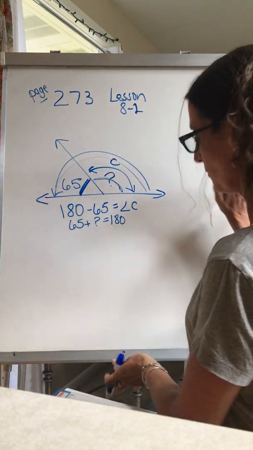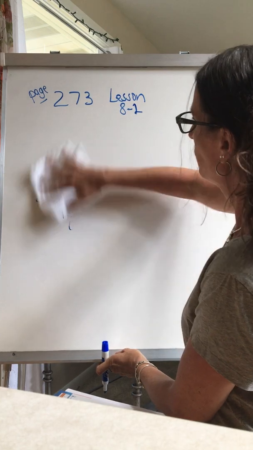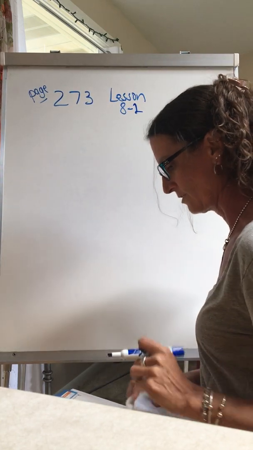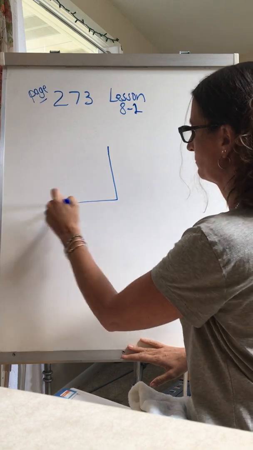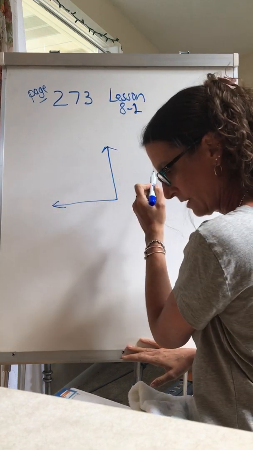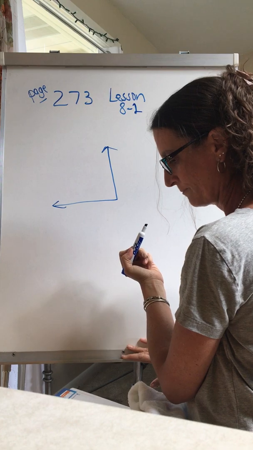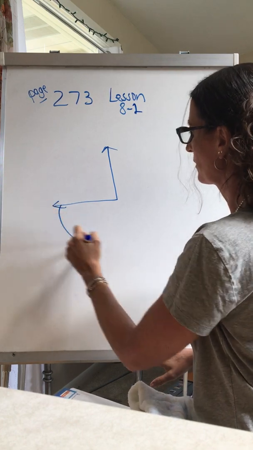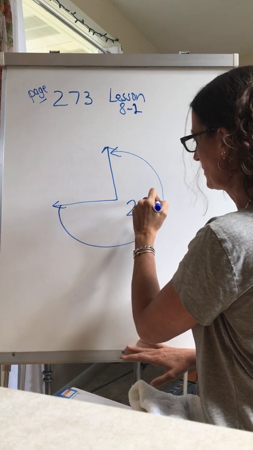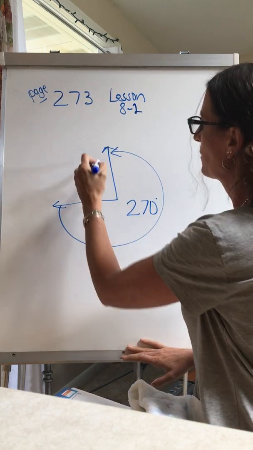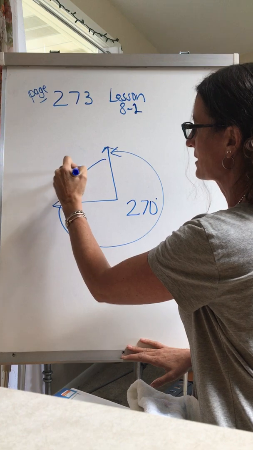Looking at number 2, we know that a full circle is 360 degrees. So if the skateboarder does this part of things, which is 270 degrees, then we need to know what angle S is.